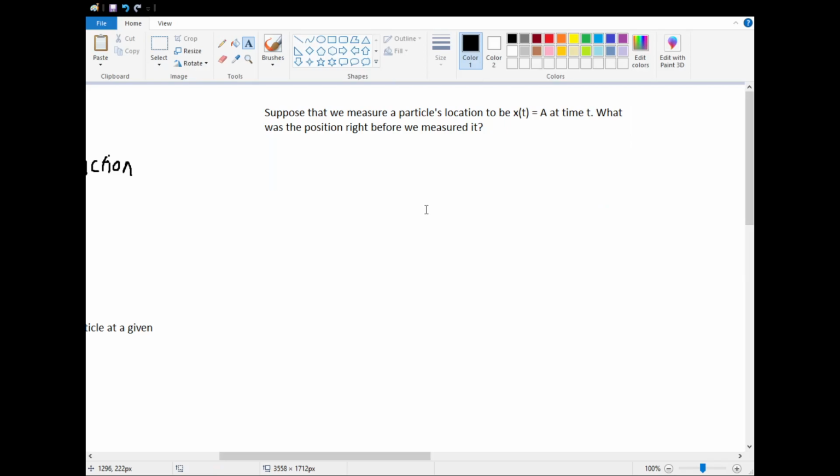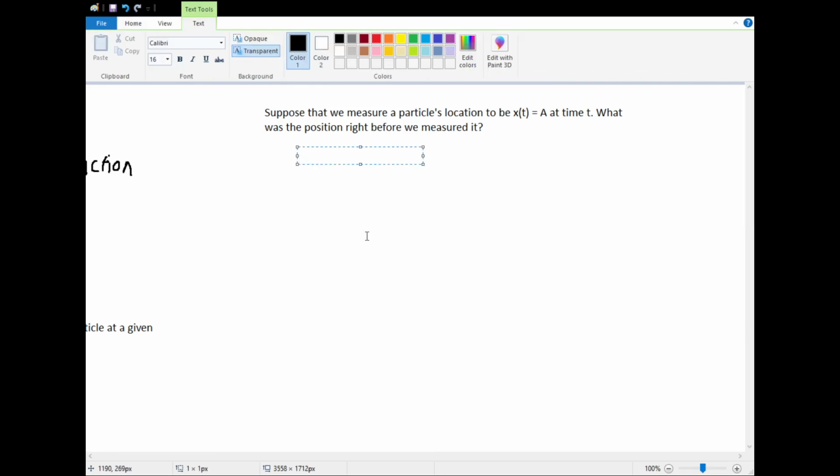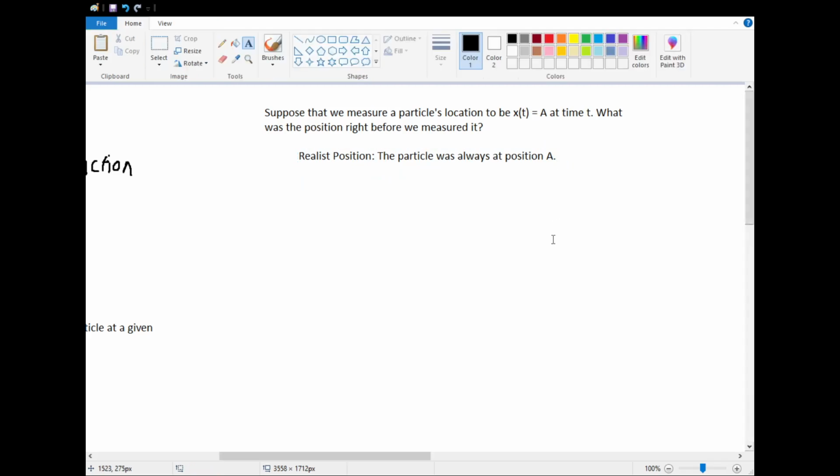And if we were analyzing quantum mechanics through the view of a classical mechanicist, shall we say, we would answer with what is known as the realist position, which says that the particle was always at position A. And this is what makes sense to us physically.